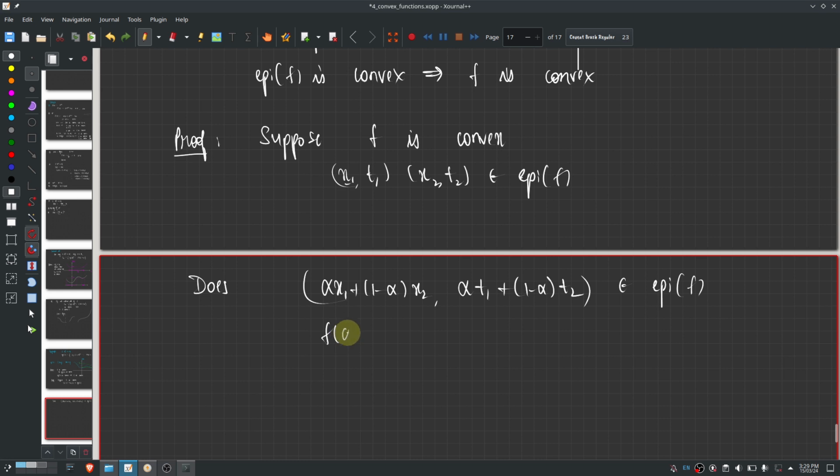So take f of alpha x1 plus 1 minus alpha x2. By definition of convexity, this is less than or equal to alpha f of x1 plus 1 minus alpha f of x2.